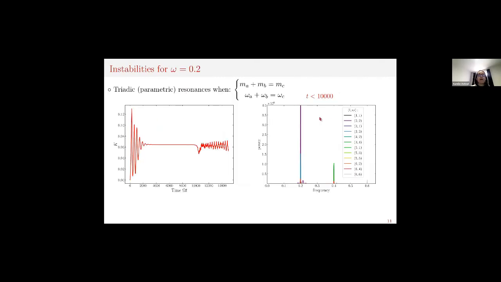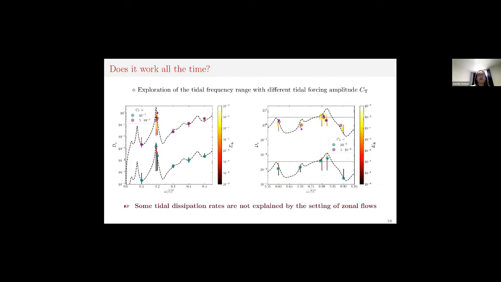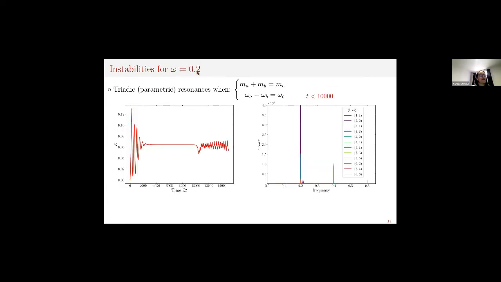So we have studied a peculiar case, for example, the 0.02 case and the 0.8 case. So first, for tidal forcing frequency of 0.02, we have looked at the kinetic energy in nonlinear simulation versus time here. You can see that it reaches a steady state, but after some time, some oscillations start to grow.